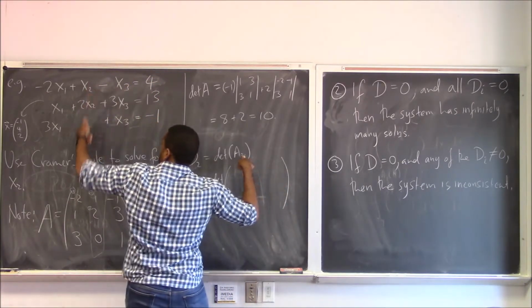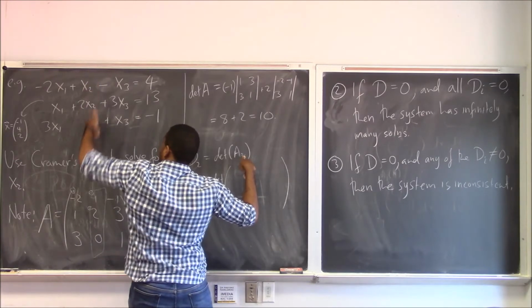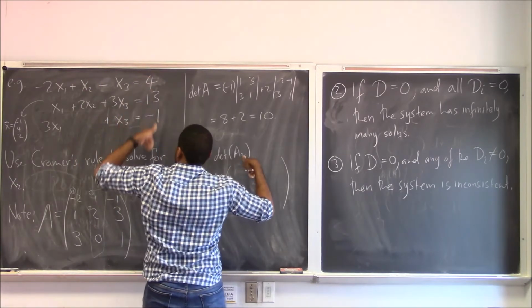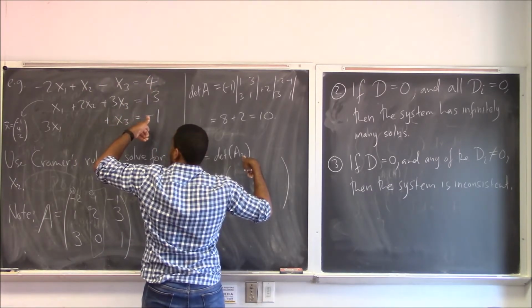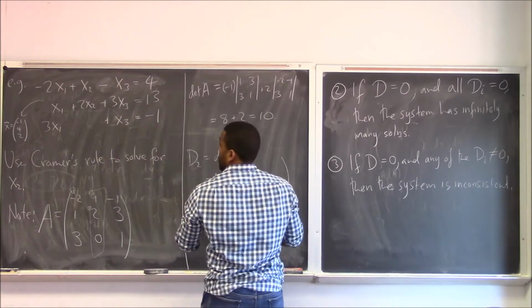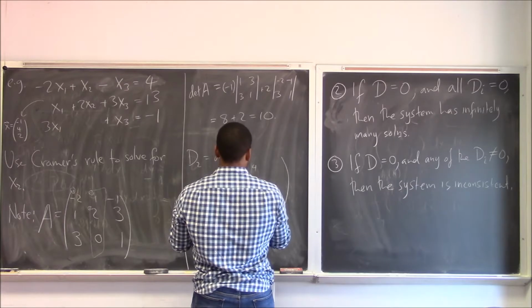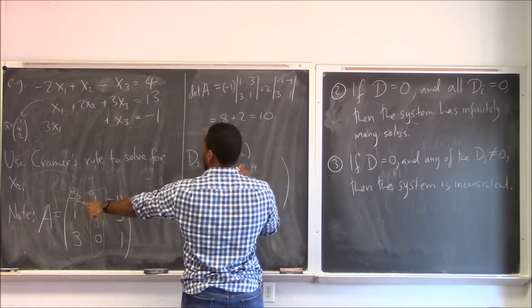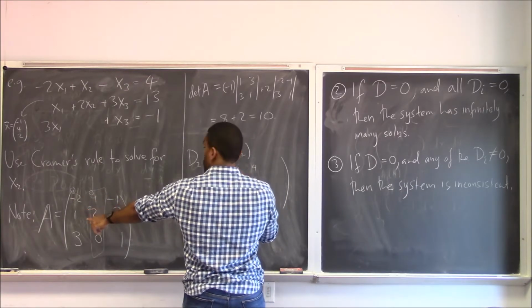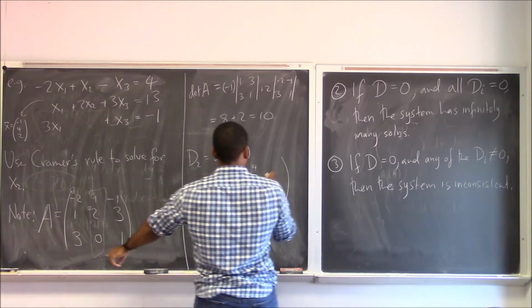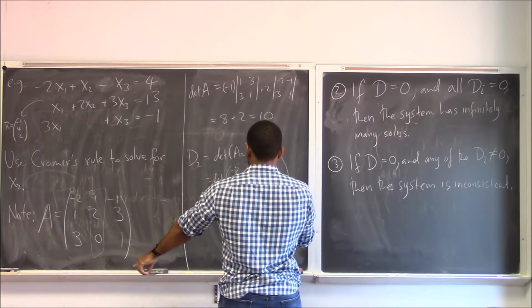So the variable that we care about to solve for, we're going to replace the column that has to do with that variable with the constant column. So here we would have 4, 13. I probably should replace the other one so we could keep that 0, but let's go. Minus 2, 1, 3, minus 1, 3, 1.